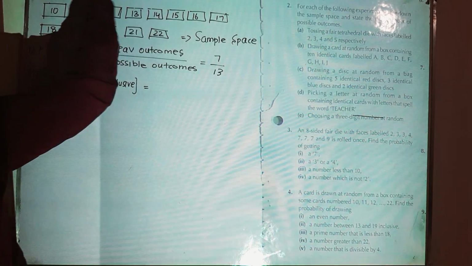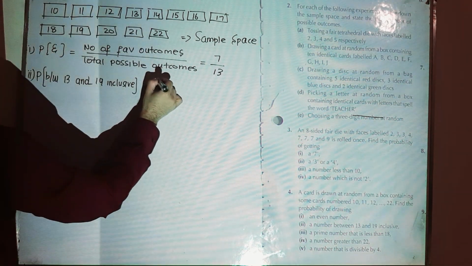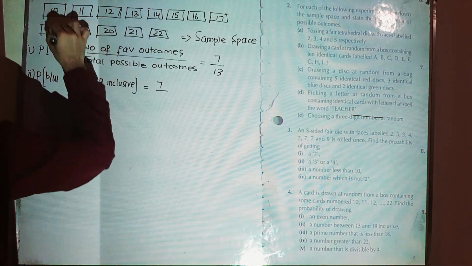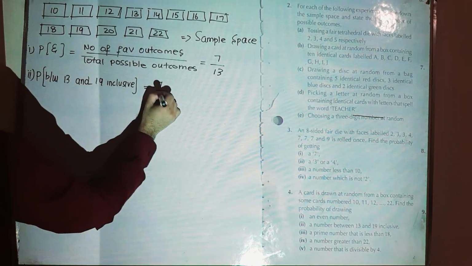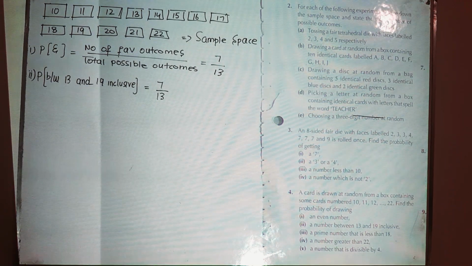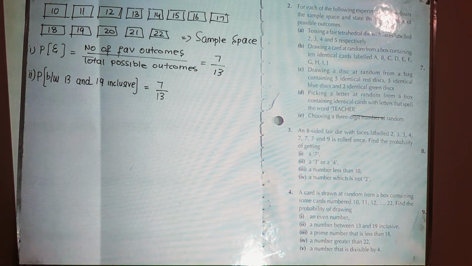So from 13 to 19, how many numbers do I have? 1, 2, 3, 4, 5, 6, 7. While total number of outcomes are 13. So the answer for this one is also 7 over 13.